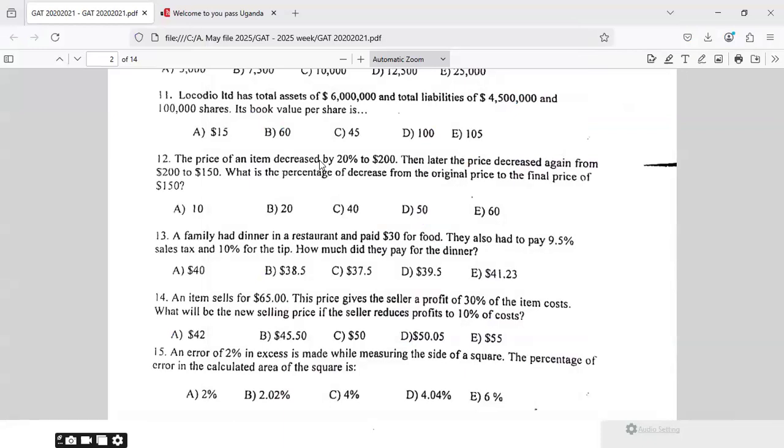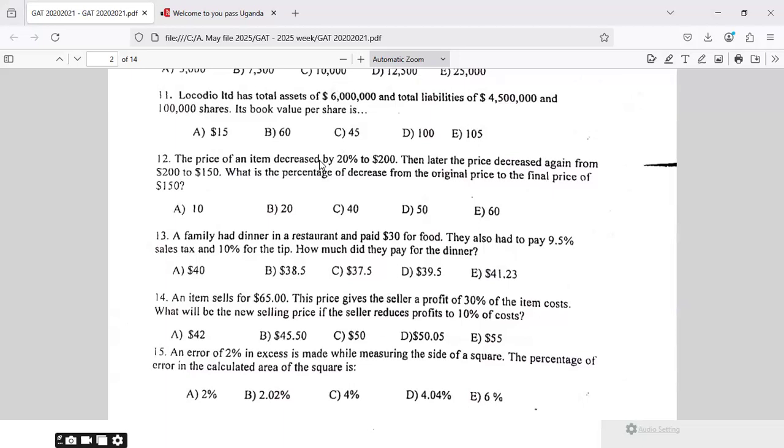The price of an item decreased by 20% to 200. So we need to know what the original price was before that. Then later the price decreased from 200 to 150.